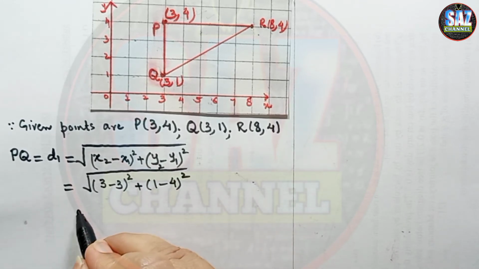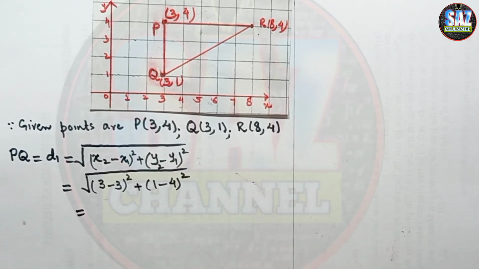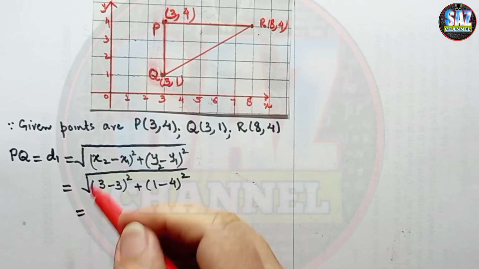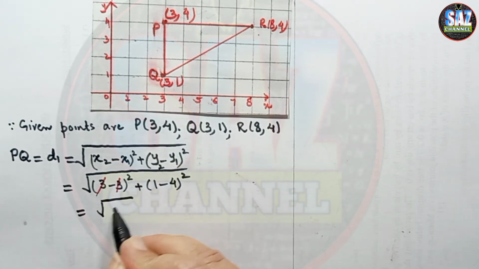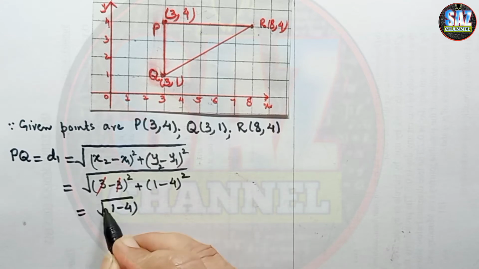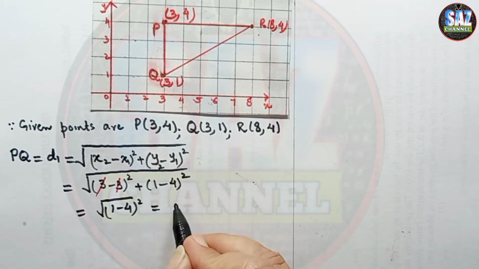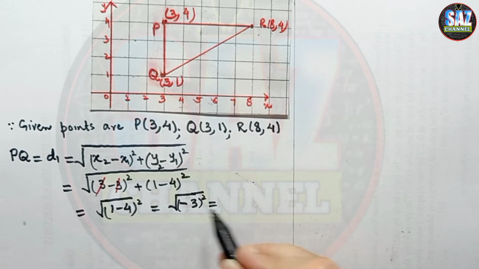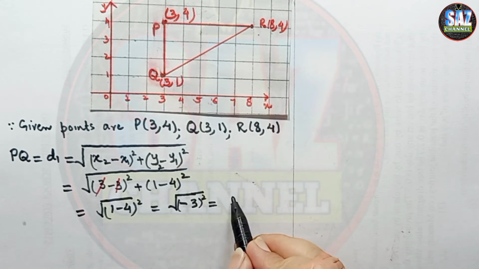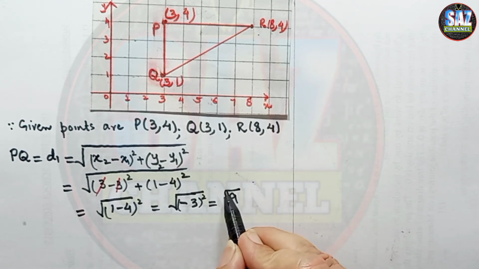Now we can see that 3 minus 3 cancels, and I am left with only (1 minus 4) whole square, and that will give me (minus 3) square. Remember, the square of a number, whether negative or positive, will become positive, and I will have square root 9.